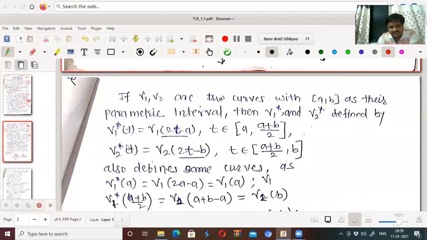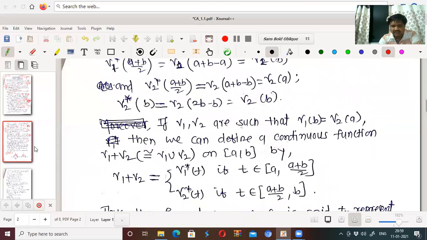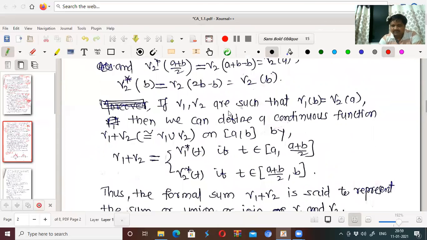Okay, this concept is regarding how to add the two curves. If gamma 1 and gamma 2 are such that the terminal point of the first curve is the same as the initial point of the second curve, then you can add the two curves.